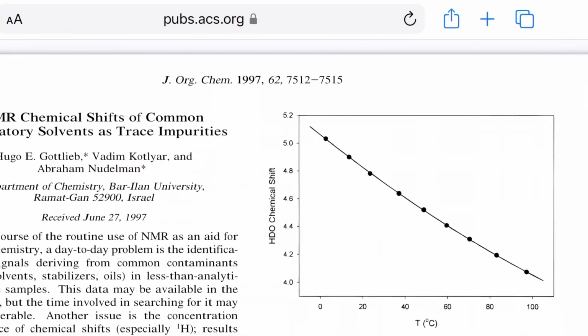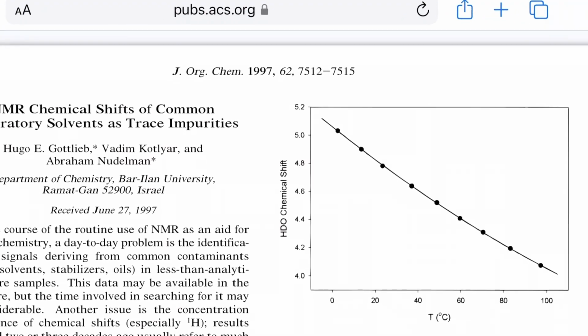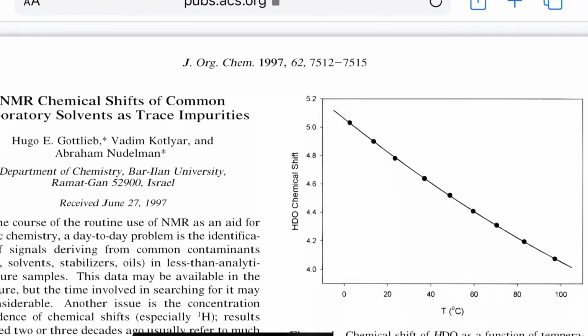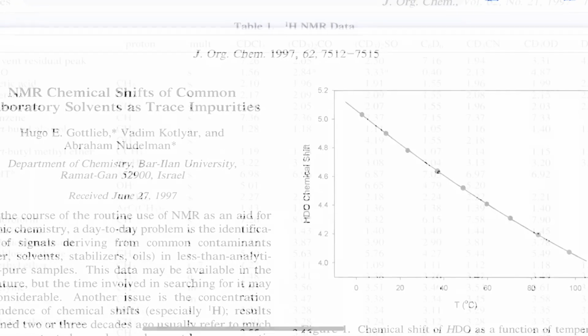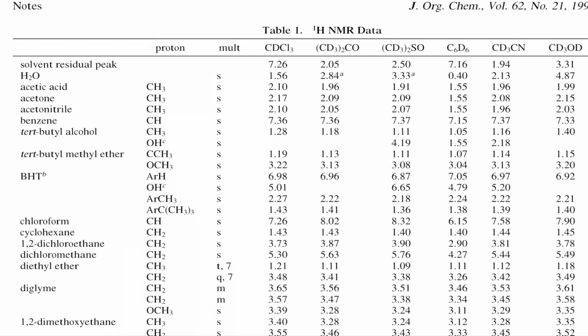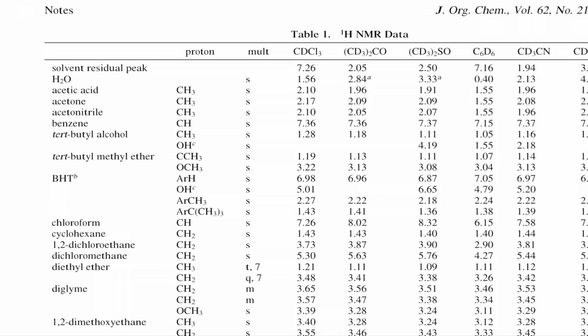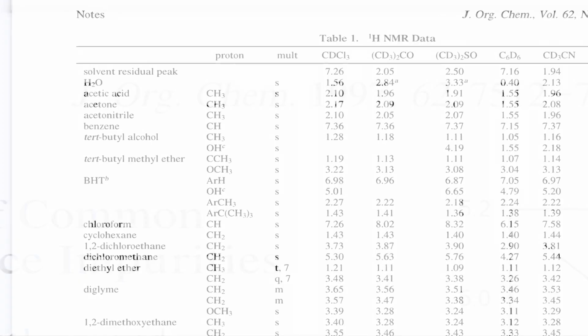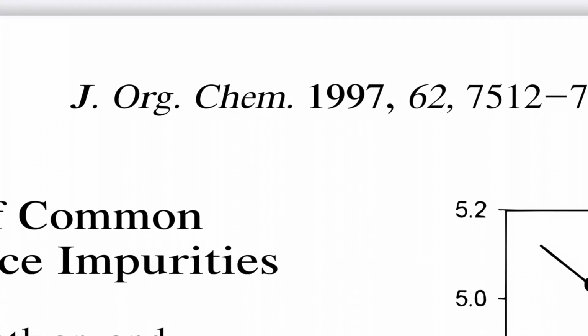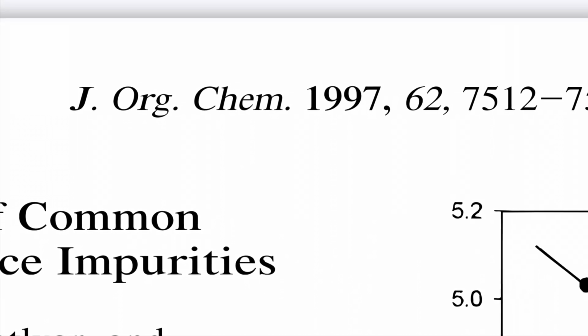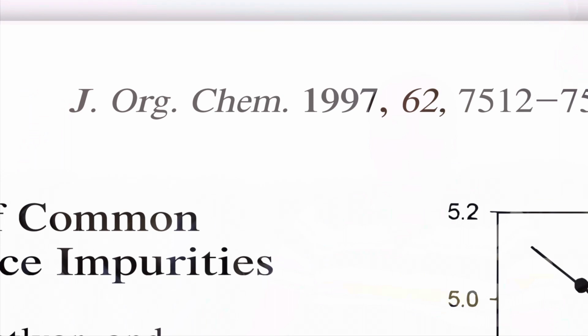Whatever peaks I have mentioned here are all based on CDCl3. There are many other solvents you might see as residual peaks in the proton NMR or carbon NMR.